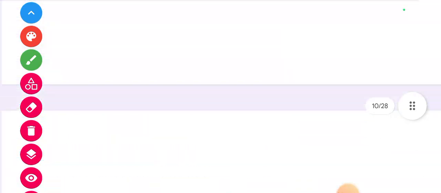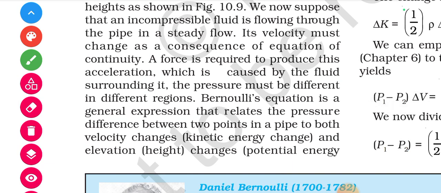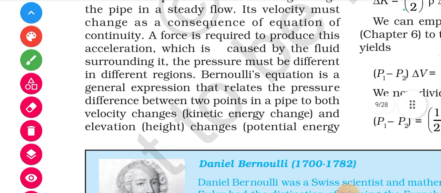Bernoulli's equation is a general expression that relates the pressure difference between two points in a pipe to both velocity changes and potential energy changes.